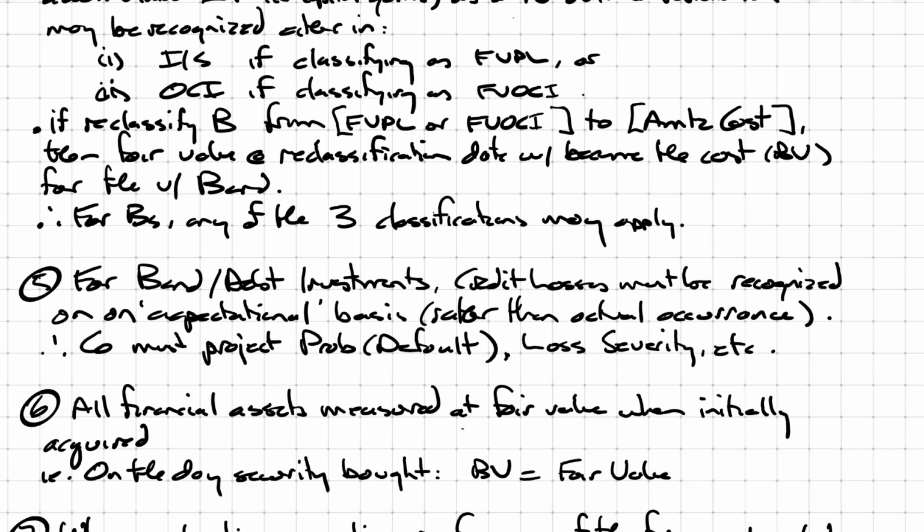But we have to write it down today and take an equivalent measured loss and recognize that on our income statement. And again, this isn't just specific for securities or investments held. This is a much broader conservatism principle. Bad news must be recognized on the financial statements as soon as possible.